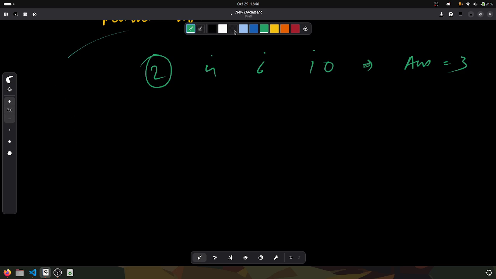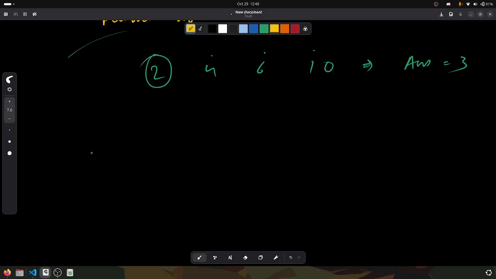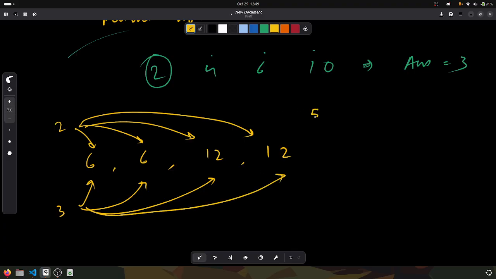Let's take this test case, 6, 6, 12, 12, 6, 6, 12, 12. We see that for 2, all the numbers are multiples of 2. We see that all the numbers are multiples of 3. And we see that 5 has a number that is not its multiple.